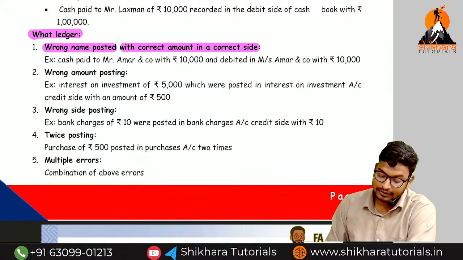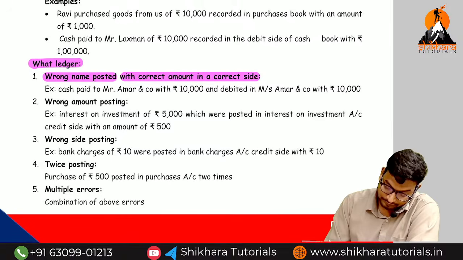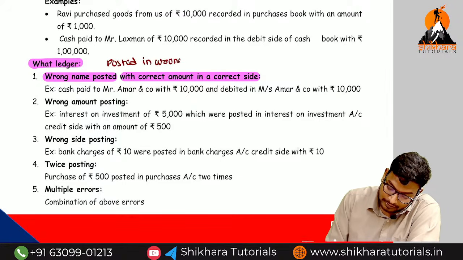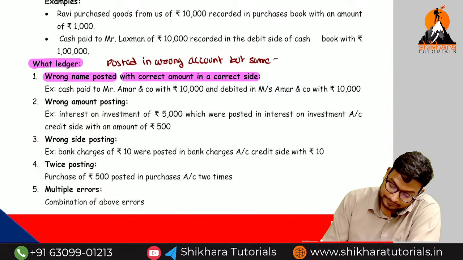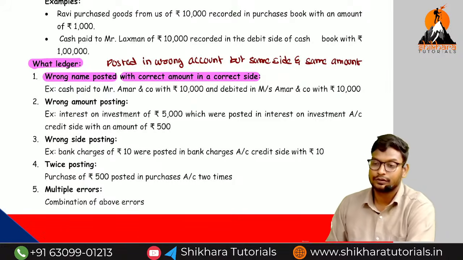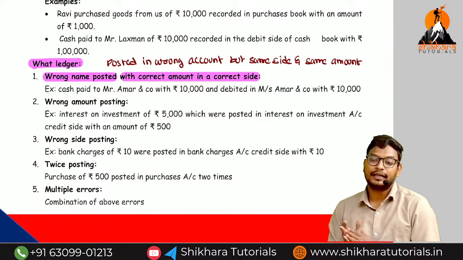For this sentence we can write it like this: posted in wrong account but same side and same amount. So the account is different but the side is the same and the amount is also the same.